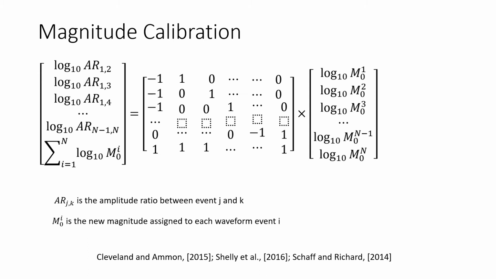The sum of the magnitudes, sum of log10 m, where n is the total number of waveform events, is inferred from the initial catalog magnitude assigned to each waveform event.